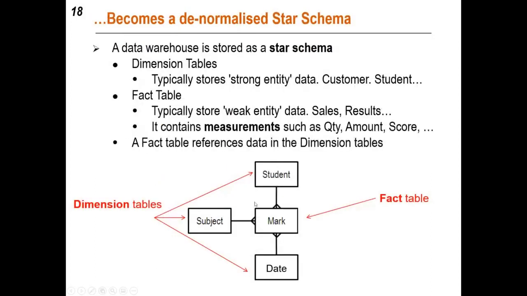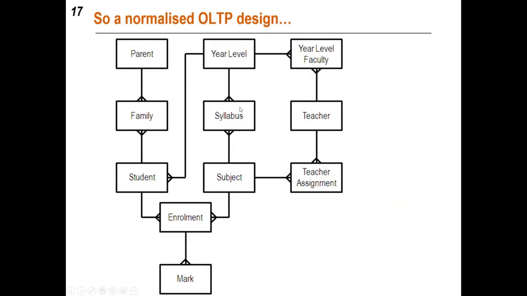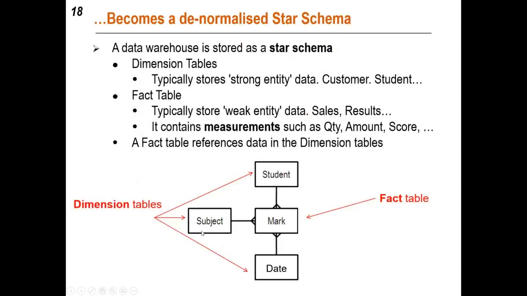And then we have the subject table, where I can have teacher details, subject details, syllabus details, everything. And then we have the date table, which contains the dates, and the mark is here.